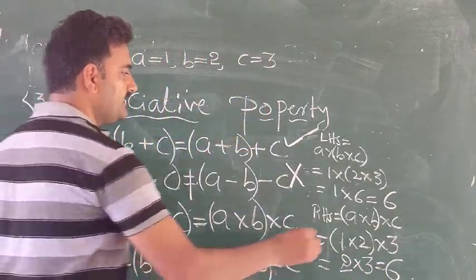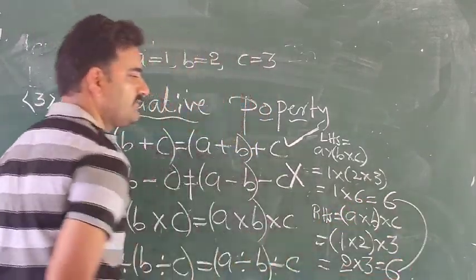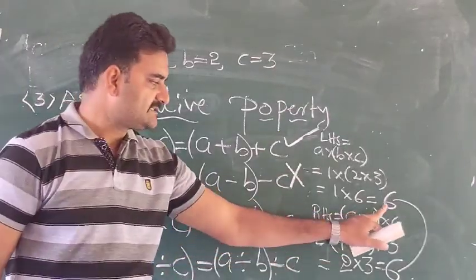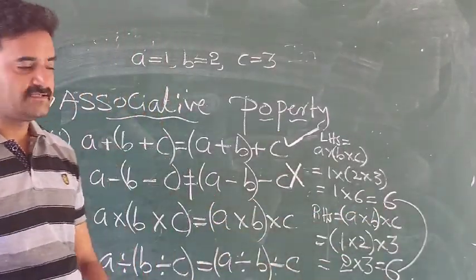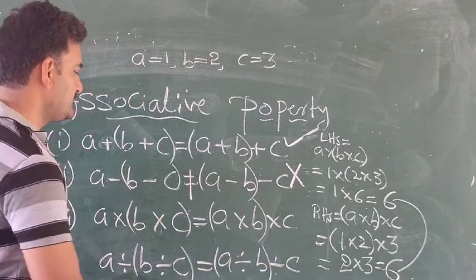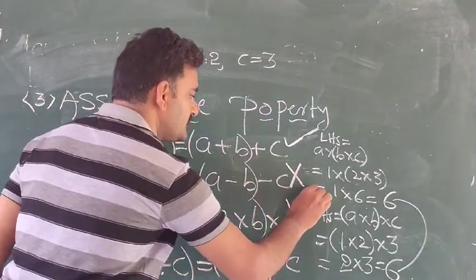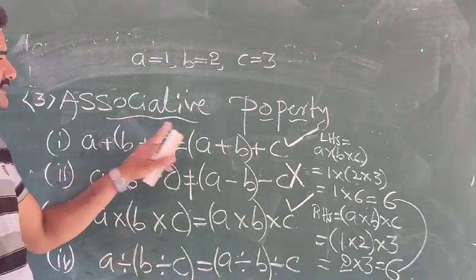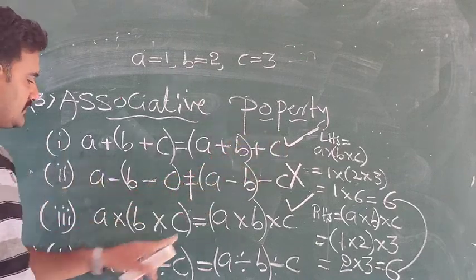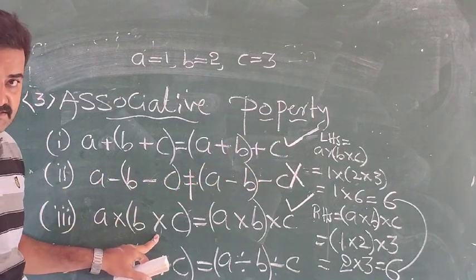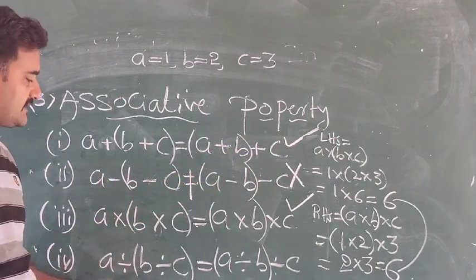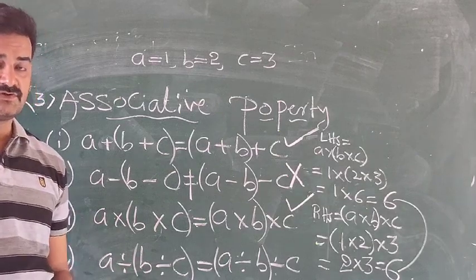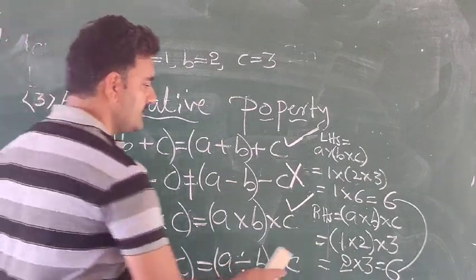Now you compare the solutions: this is 6, and here also 6. That means it holds good. Associative property holds good in multiplication. Now we are going to check whether division also holds good or not. Okay.